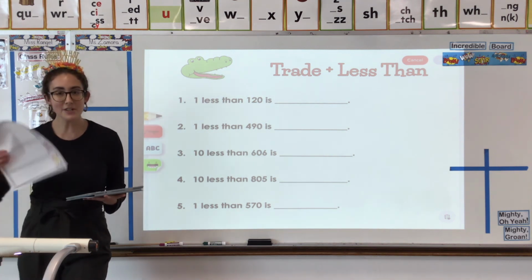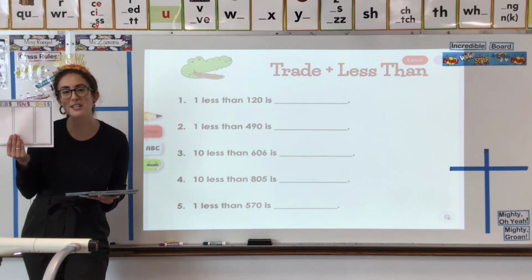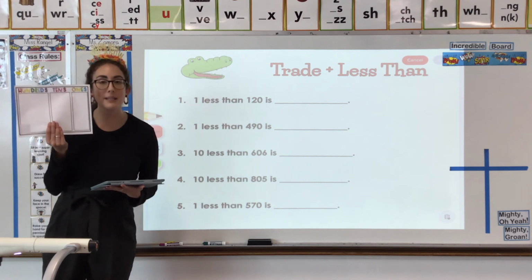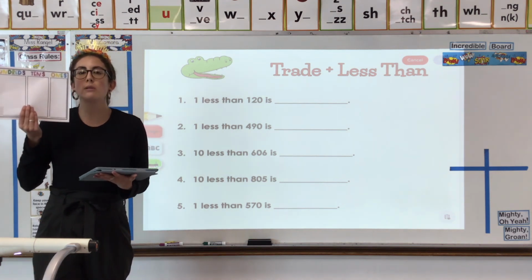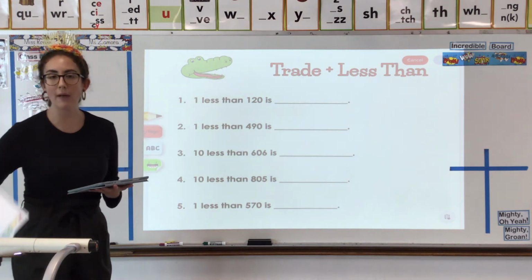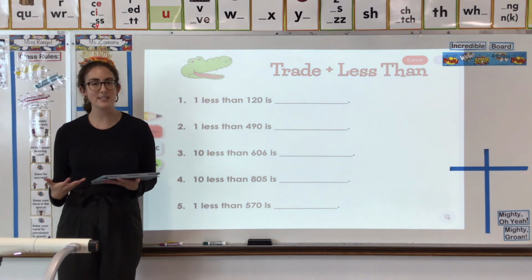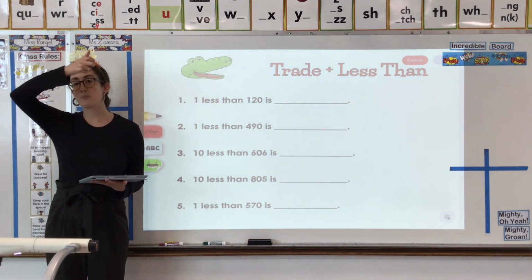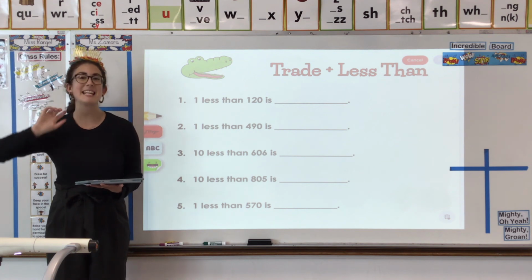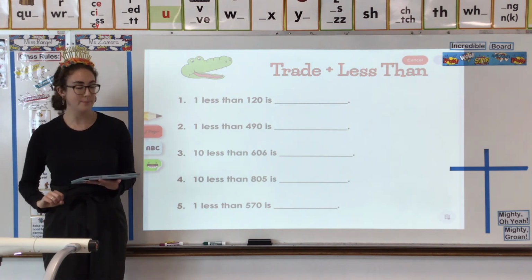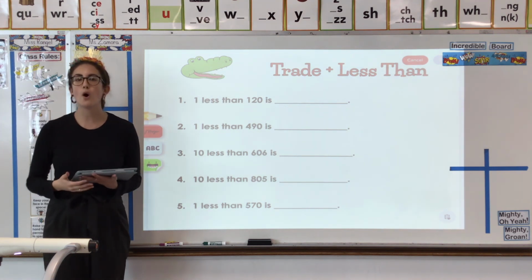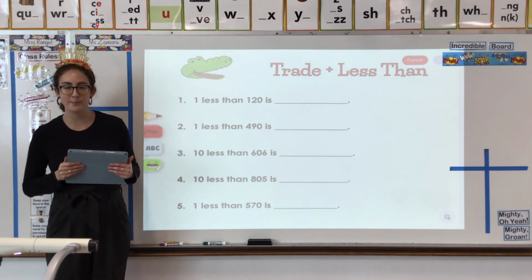So just like yesterday, I highly encourage you and recommend to keep your place value chart out so you can really see and move around the numbers to truly understand what's happening when you have to break apart a larger unit to get 10 of a smaller unit so you can solve those subtraction problems.